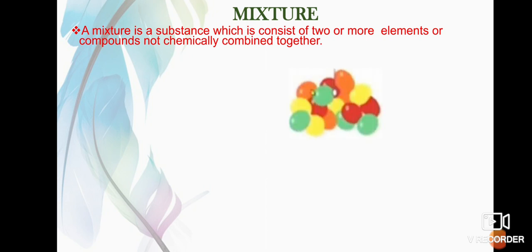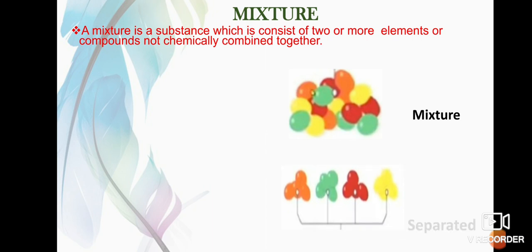See, if you look into this picture, here you have so many colors. This is called mixture. Okay, if you want to separate it, then it becomes an element. So the combination of two or more elements is nothing but mixture, and they are not chemically combined.